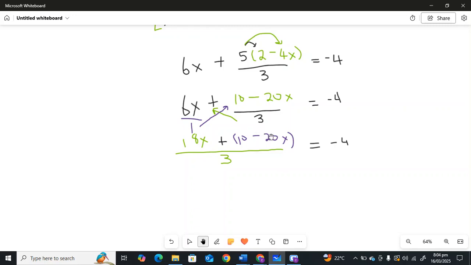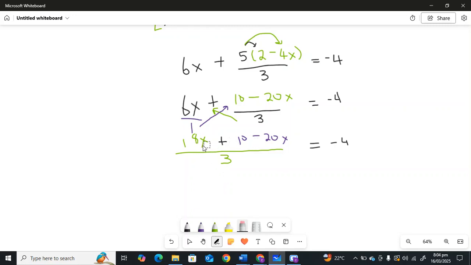If there's a positive sign before brackets, what's in the brackets will stay the same. If there's a negative sign, the terms in the brackets will change. Since this is a positive sign, the 10 and minus 20x will stay the same.